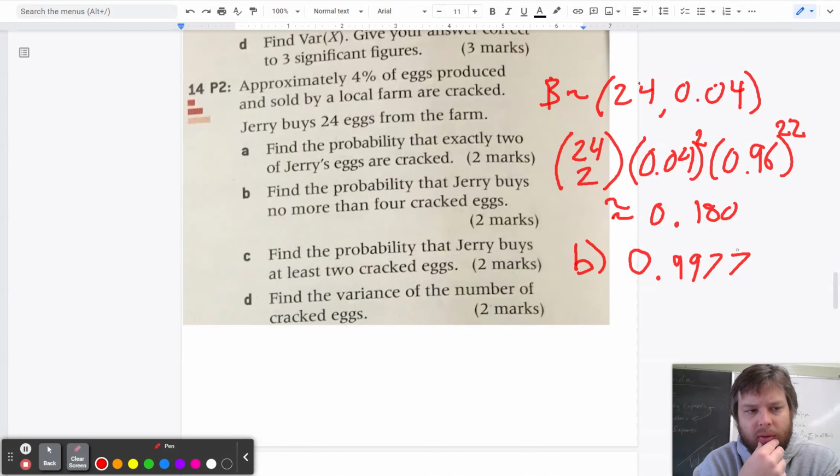So what's the cumulative distribution there? Let's see. What if I do 0?